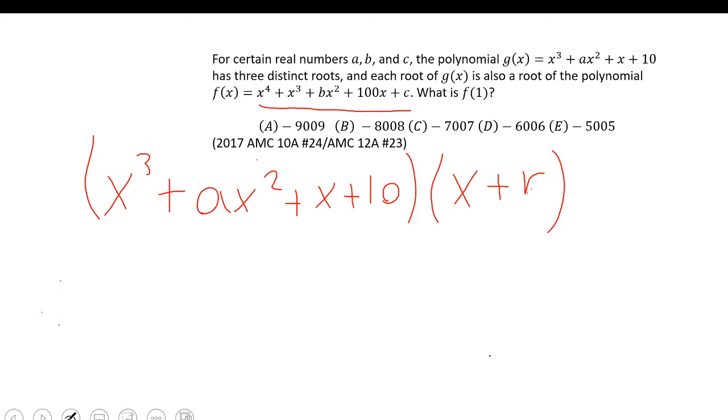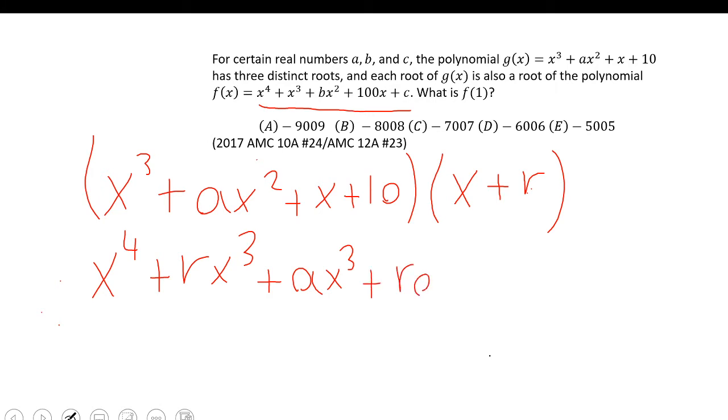Now the first thing I'm going to do is multiply this out with r and a. So I'm going to get x times x cubed, which is x to the 4, plus rx cubed, plus ax cubed, plus rax squared.